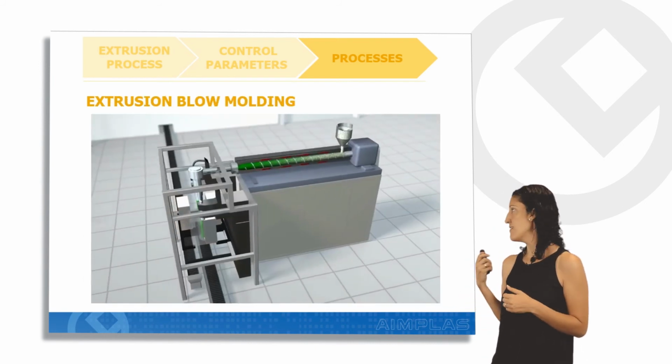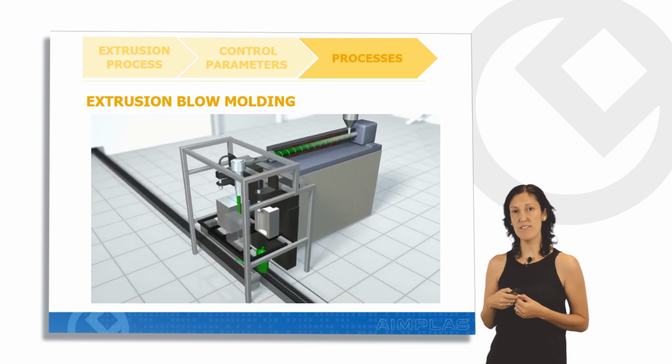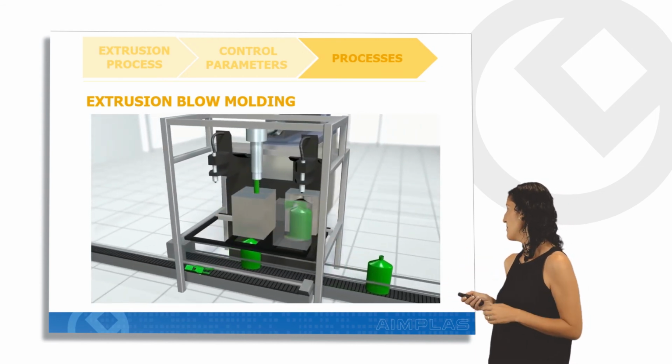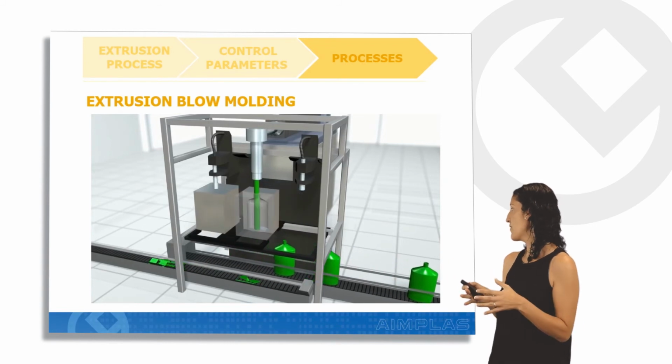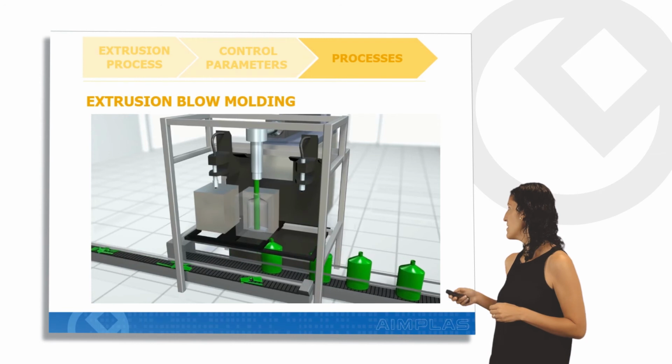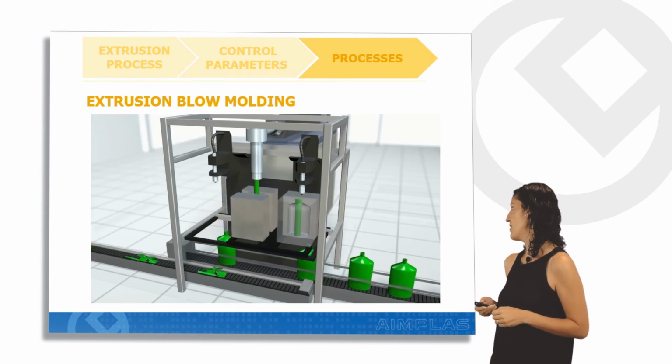Okay, let's see it in the video. This is the parison, the mold closes over the parison, and in another stage we could see the blow pin goes inside and puts the air into the parison.